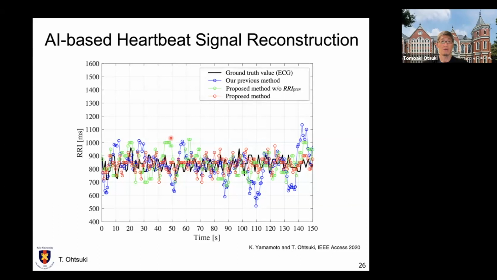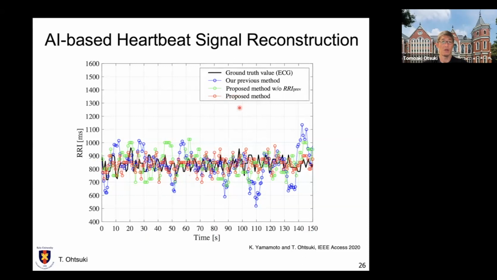So how accurate is it? This represents the RRI variation over time. A bit hard to see, but the black solid line represents the RRI variation over time. This is the ground truth, and we want to detect this black line.